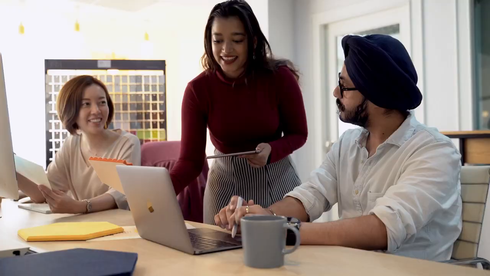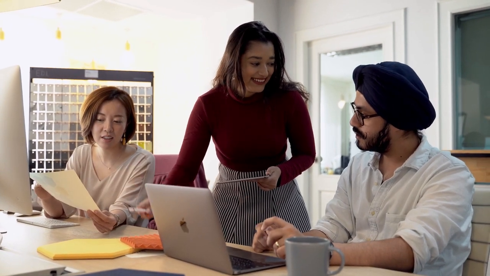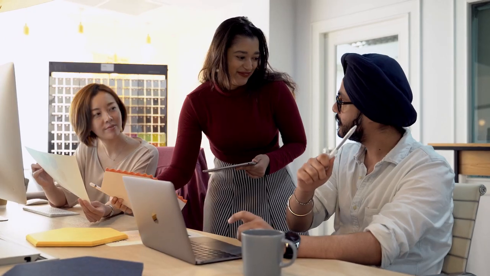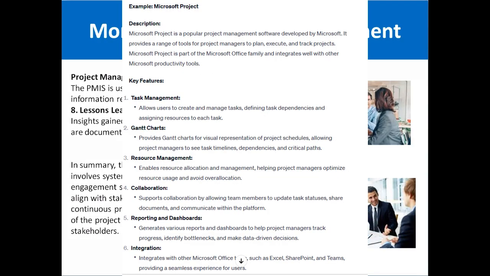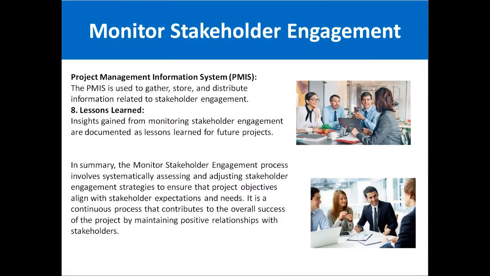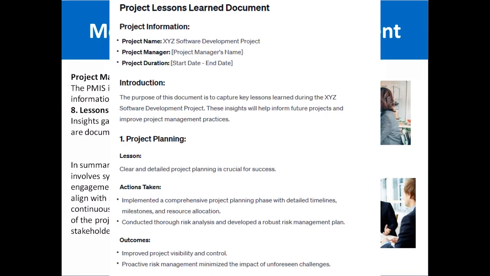Change log means the changes related to stakeholder engagement are documented in the change log for tracking purposes and for proper handling as well. The project management information system, the PMIS, is used to gather, store, and distribute information related to stakeholder engagement. Lessons learned means insights from monitoring stakeholder engagement are documented as lessons learned for future projects.